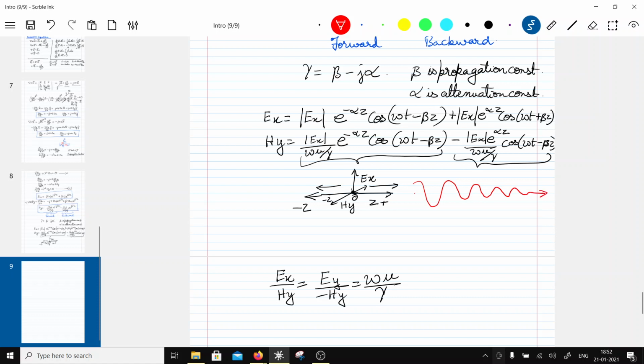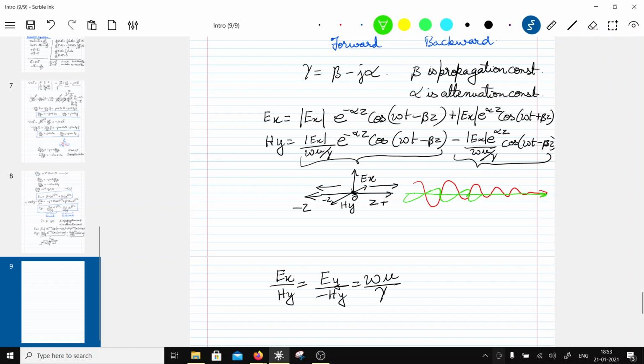So this is what is happening to E, and to H it is the same thing, but in another plane, right? So this is going to go this way, so your axis is along here, right? So this is going to be along the y axis, so you can imagine that.